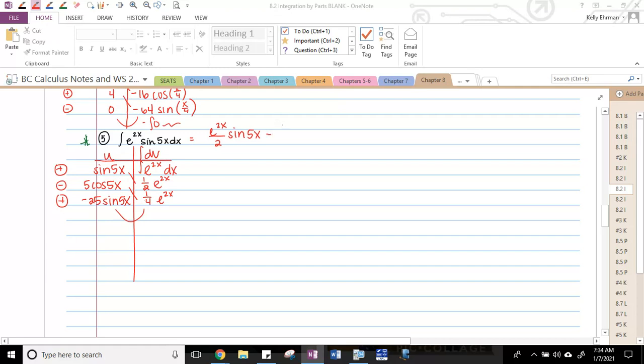So how about minus 5e to the 2x over 4 cosine of 5x? And then remember, the last loop here is an integral. So we have negative 25 over 4. I'm going to pull the constant out in front. Times the integral of, what do we have left? We have e to the 2x, we have a sine of 5x, and dx.